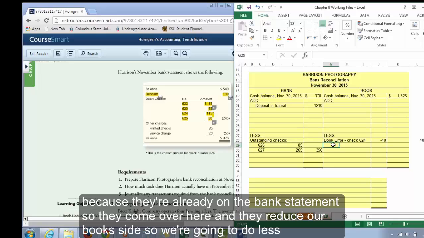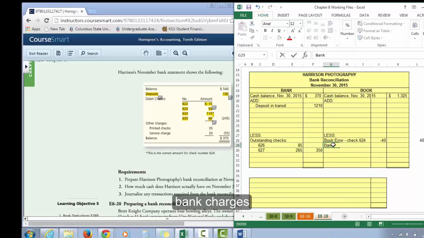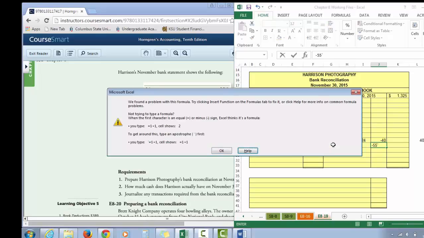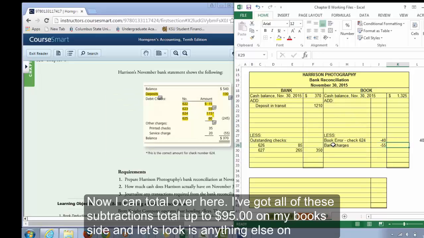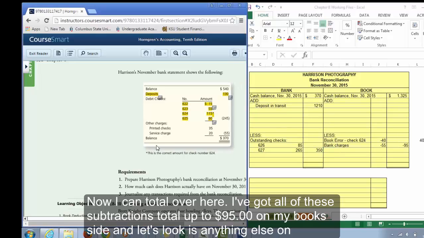So we're going to do less bank charges of $55. All right, and now I can total over here. I've got all of these subtractions total up to $95 on my book side.